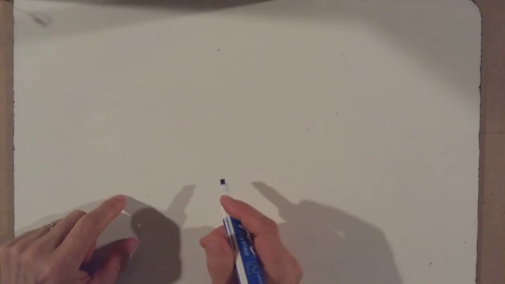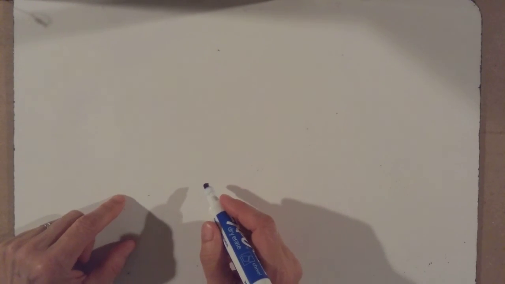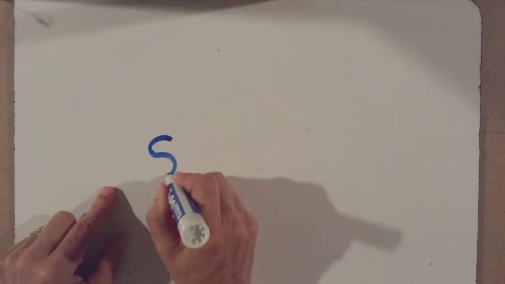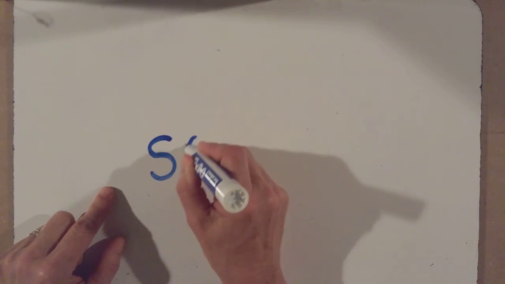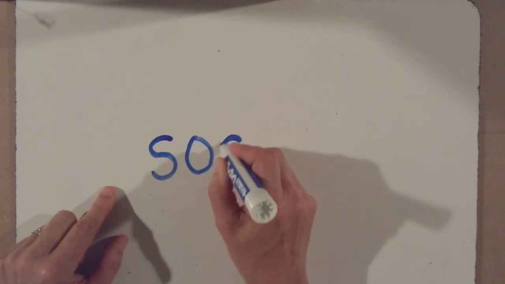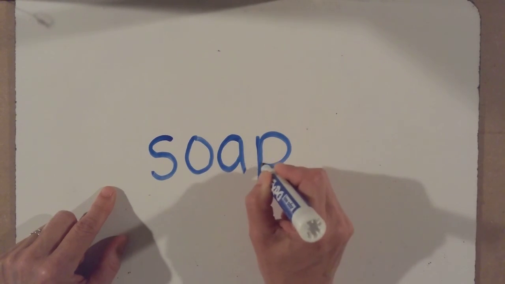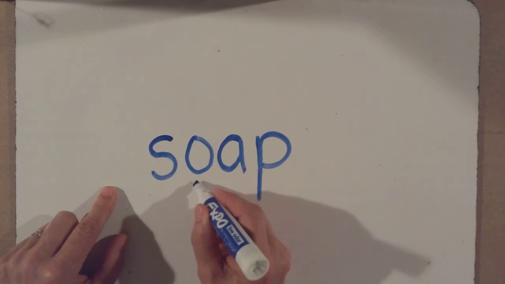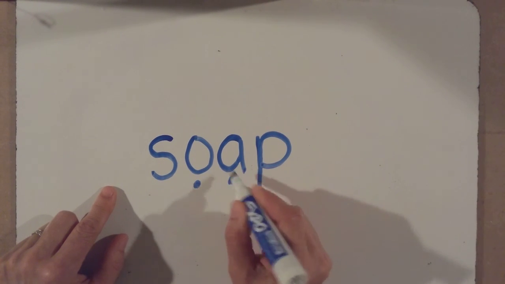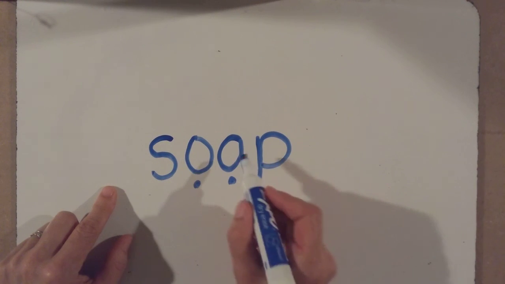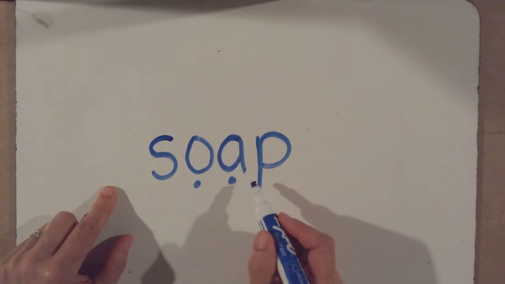Let's look at another way that the door can get open. Let's look at that long O sound again that we just saw. S, O, A, P. Uh-oh. I got two vowels here, but they're in the middle. Guess what? Same thing's going to happen.